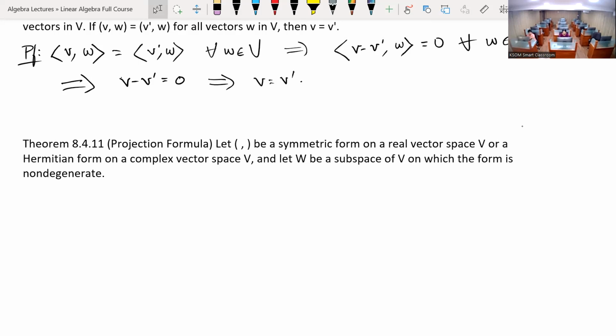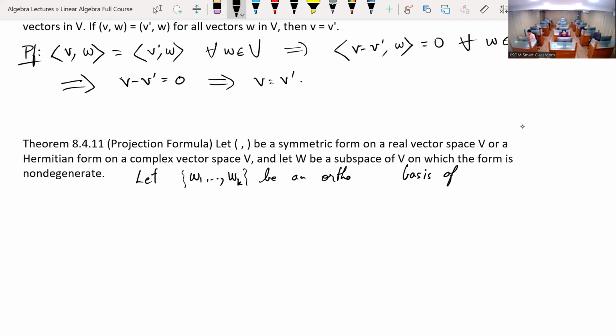Once the form is non-degenerate, you can find an orthonormal basis. So let W1 to WK be an orthonormal basis of W. Or in fact, maybe I'll write a more general formula.